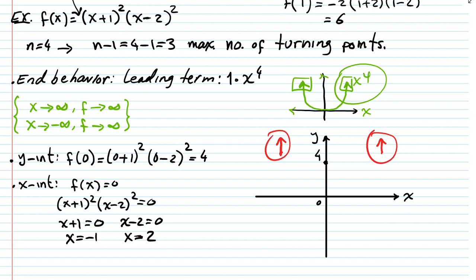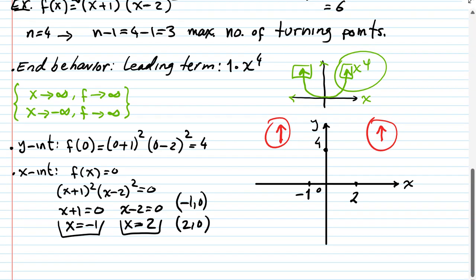These are the zeros. So the x-intercepts as points are going to be (-1, 0) and (2, 0). Remember, these are points that must have both x and y. The zeros, one occurs at -1, right in here. The other one occurs at 2.